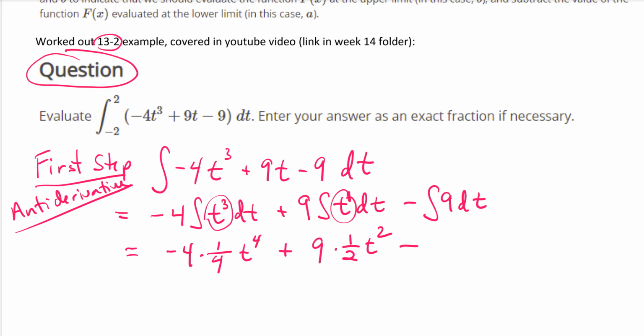The antiderivative of a constant is that constant times t. A constant being 9 times t. When we are using an antiderivative to ultimately evaluate a definite integral, we don't need to write the plus c.